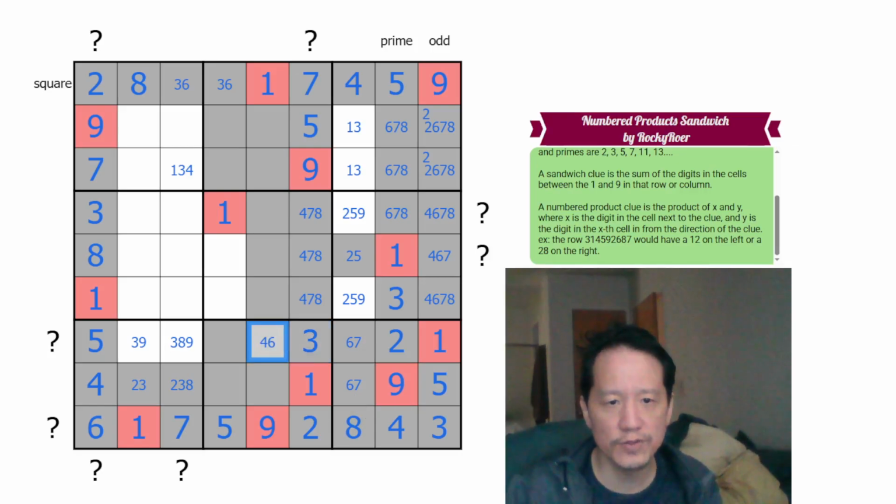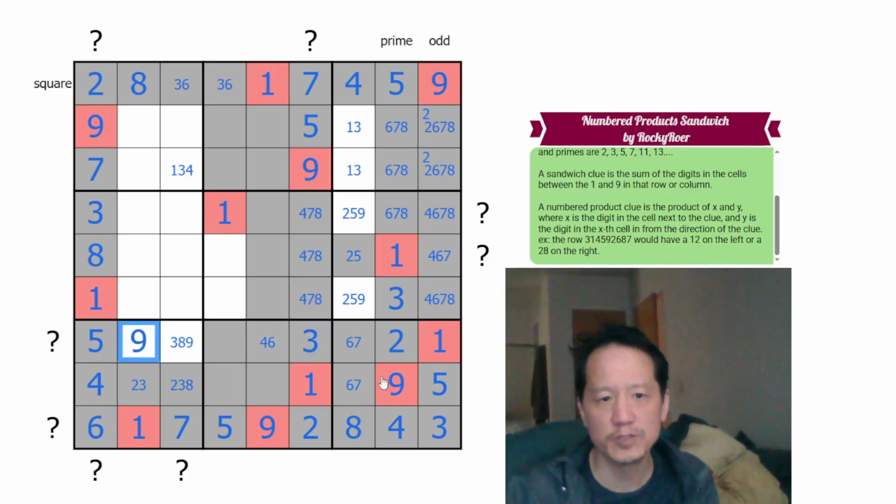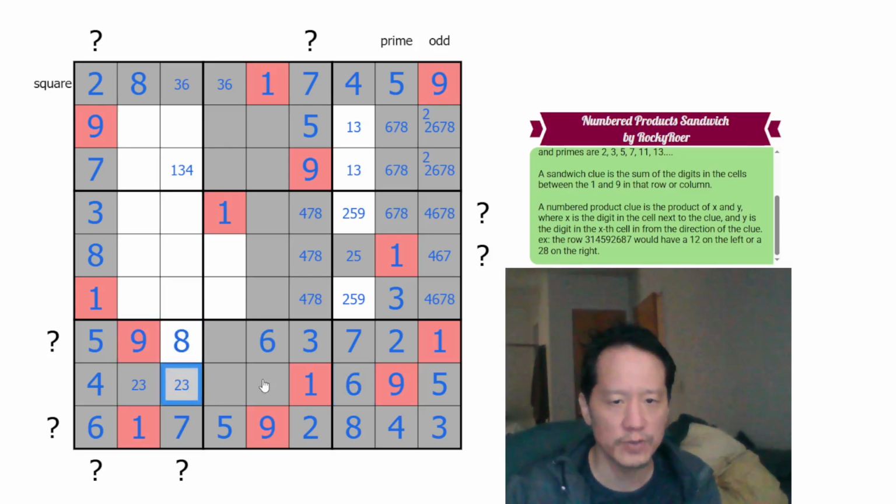This cannot be 3. This can't be 3, so this must be 9, which means in between has to be 30. So therefore this must be 6. So this is 6, which makes that 7, which makes this 6. This can't be 3 or 9, so this is 8, which means this can't be 8.